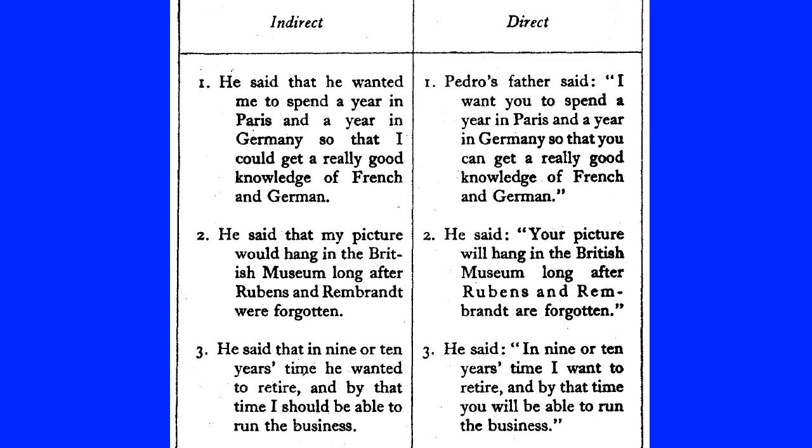He said, "Your picture will hang in the British Museum long after Rubens and Rembrandt are forgotten." 3. He said that in 9 or 10 years' time he wanted to retire, and by that time I should be able to run the business. 3. He said, "In 9 or 10 years' time I want to retire, and by that time you will be able to run the business."